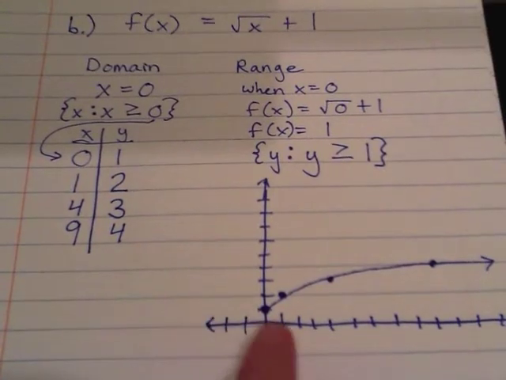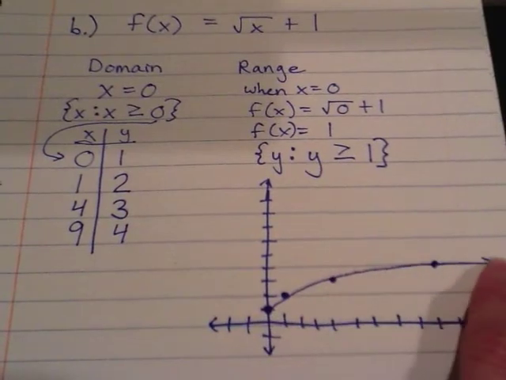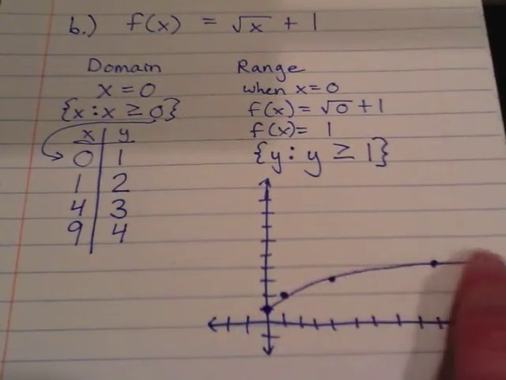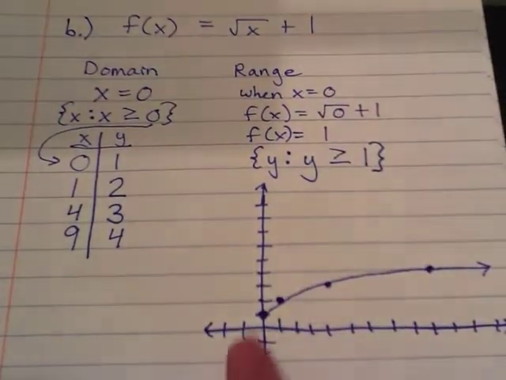So in this case, your graph's moved up 1 on the y-axis and then still opens pretty similar to the last graph. But this plus 1 right here moved it up 1.